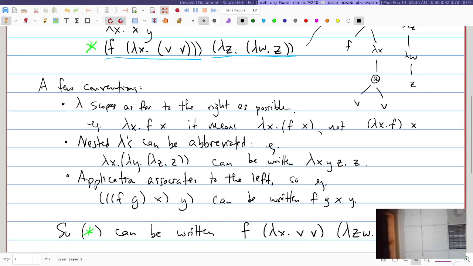Whatever. If in doubt, you can always use more parentheses. And if you're not super confident with these conventions, then definitely start by writing all the parentheses, because mixing up or forgetting parentheses is the easiest way to get screwed up when you're doing something like that.